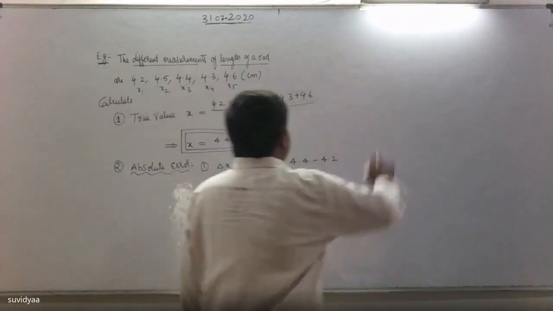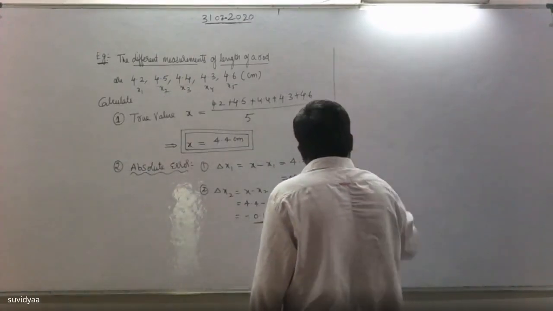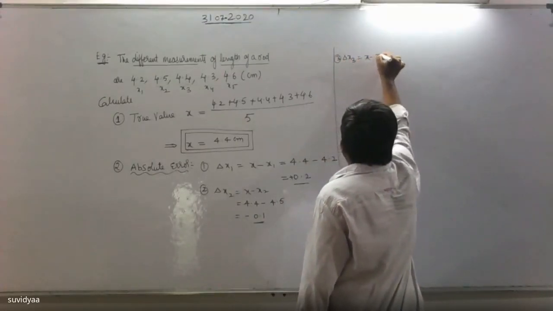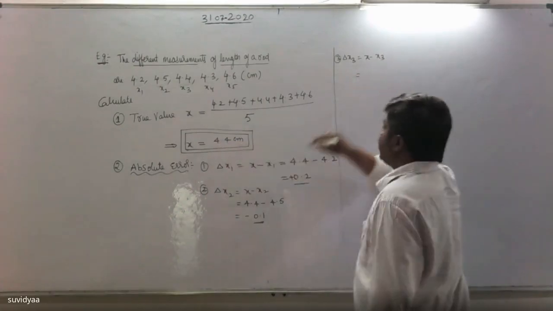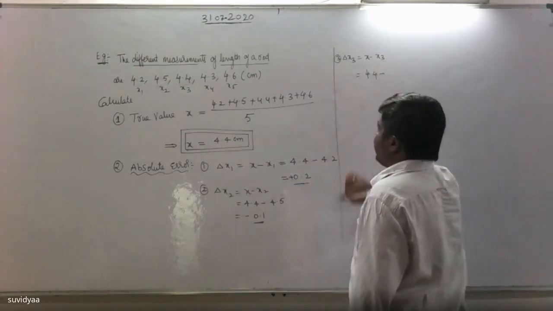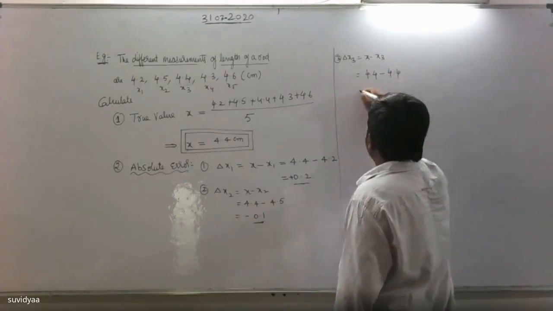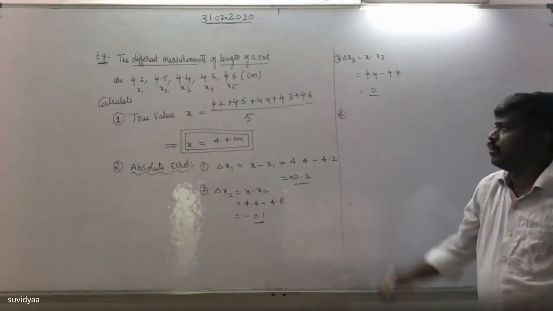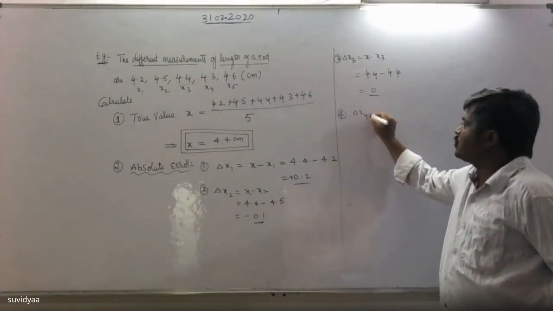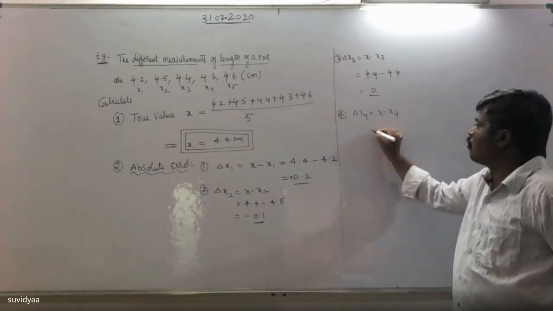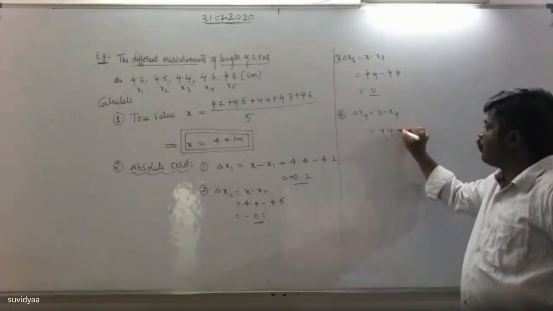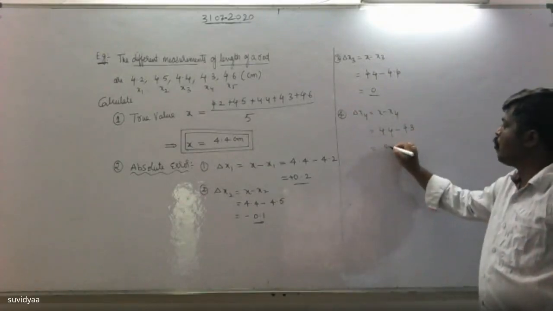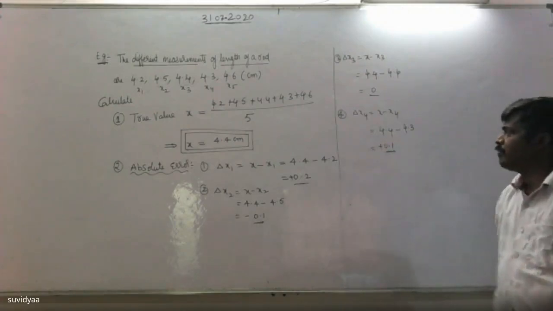Next, coming to the third one. Delta x3 is nothing but x minus x3. 4.4 minus x3, that is 4.4. So it is 0. Next, the fourth one. Delta x4 is x minus x4. 4.4 minus 4.3, that is 0.1, that is plus 0.1.